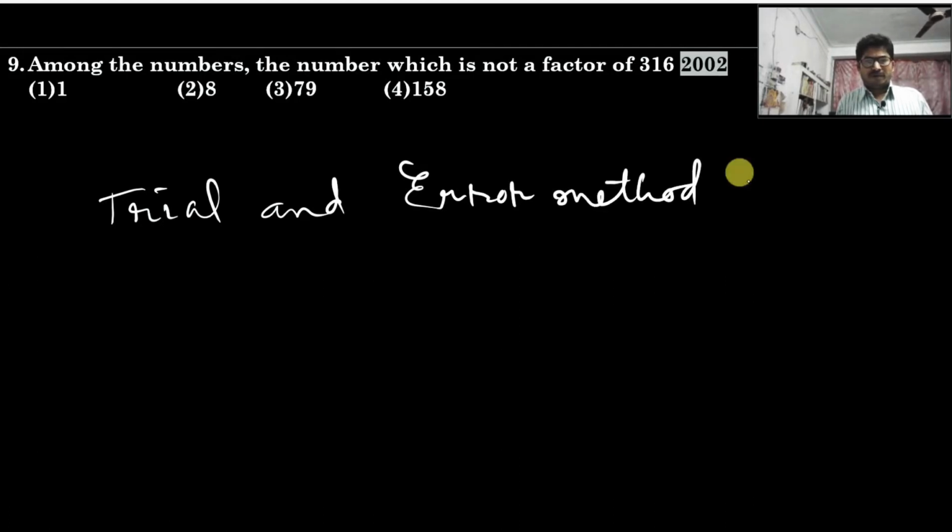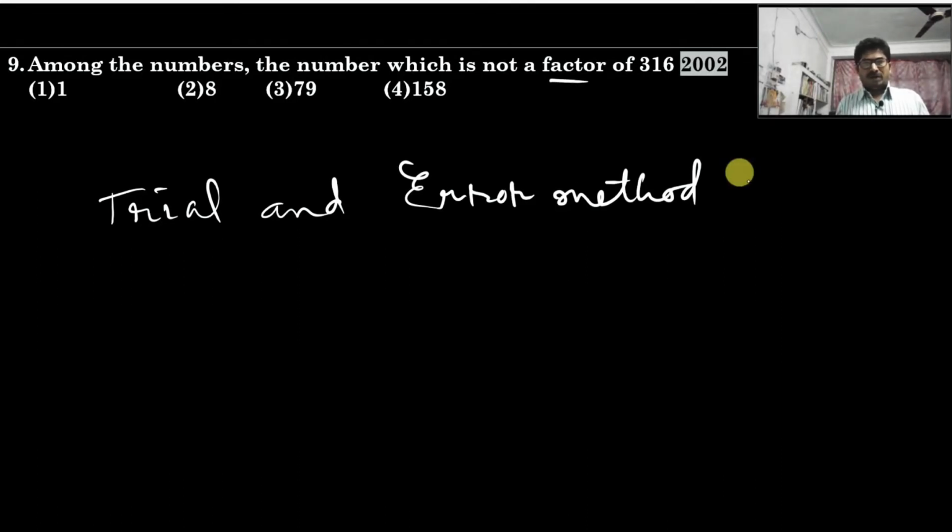So how to find in trial and error method? First we take 1 and divide it into 316. So 1 is a factor of every number.